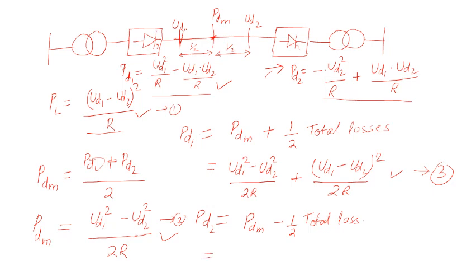Just the sign changes: UD1 square minus UD2 square divided by 2R, minus UD1 minus UD2 whole square divided by 2R.